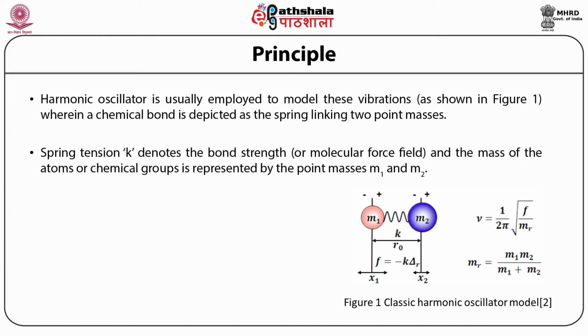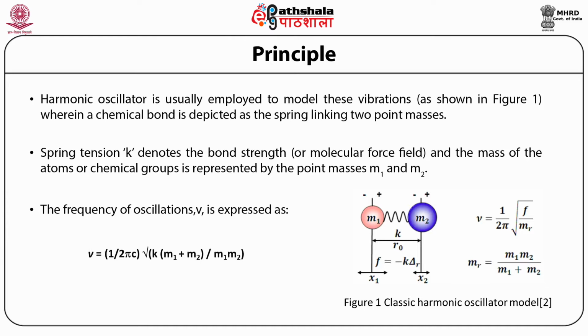The frequency of oscillations nu is expressed as nu is equal to 1 by 2 pi c multiplied by square root of k into (m1 plus m2) by m1 m2.